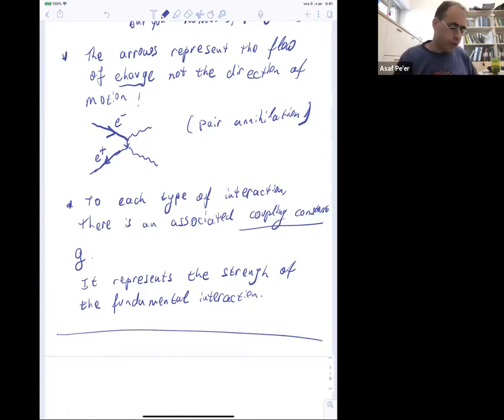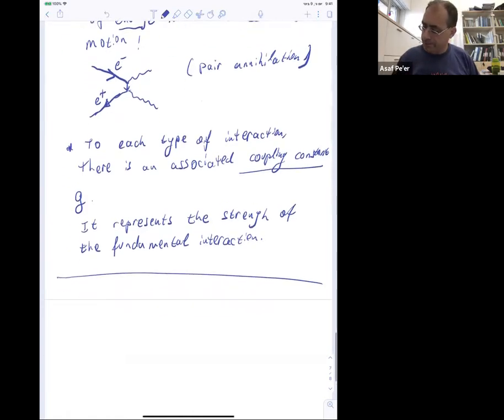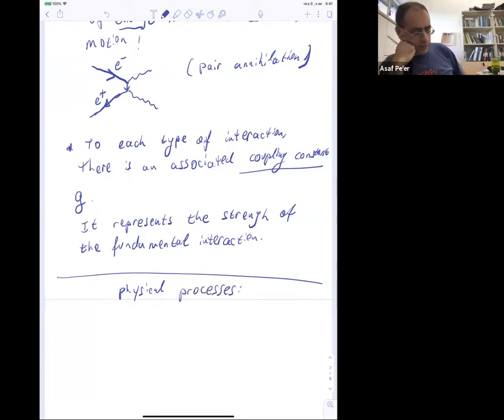Okay, so how do we represent physical processes? Right, the vertex is the basic building block that describes a physical process. So from the vertex, we construct the Feynman diagram, which is a graphical representation of the mathematical expressions that describe the interaction between subatomic particles.